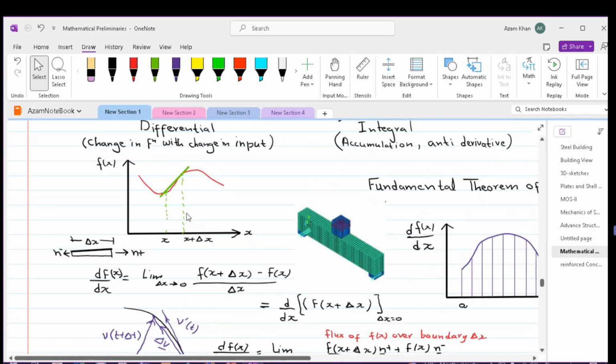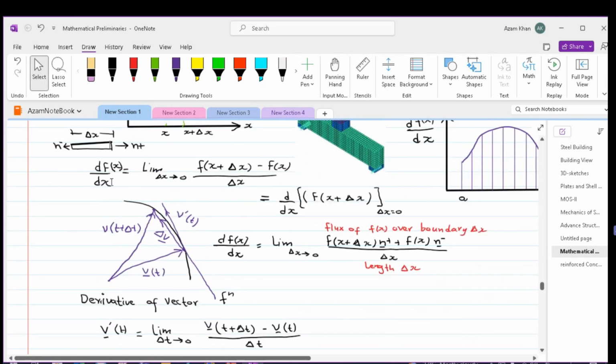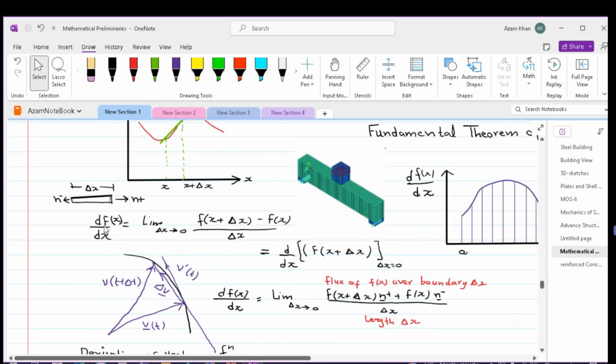In the case of single variable calculus, if we have a function f of x, we want to find out the gradient or the differential of that function with respect to x. We can employ the definition of flux over boundary. So we say that within the step delta x, we find out the flux at x plus delta x, and then add that to the flux at x.